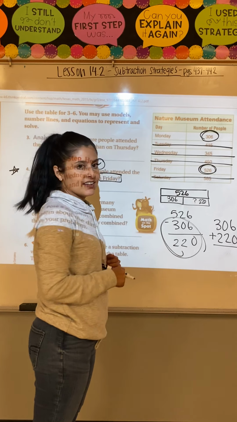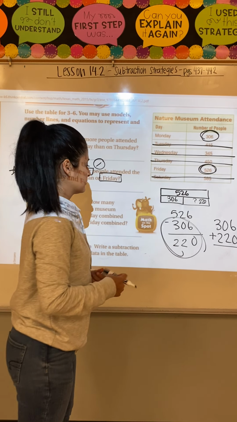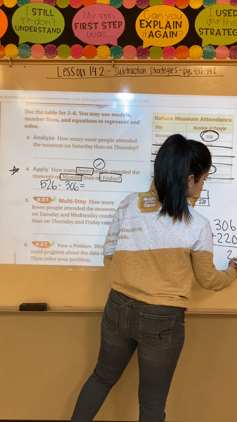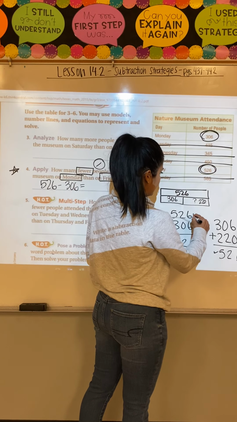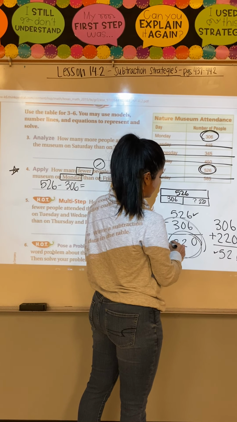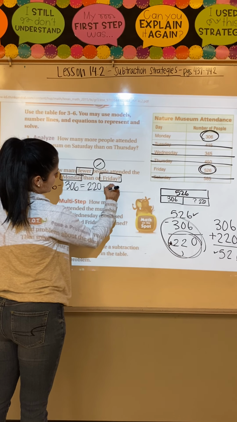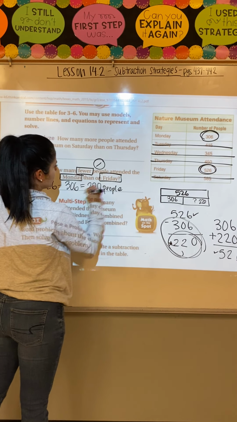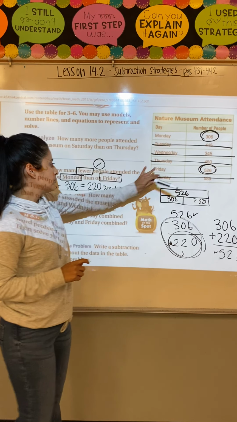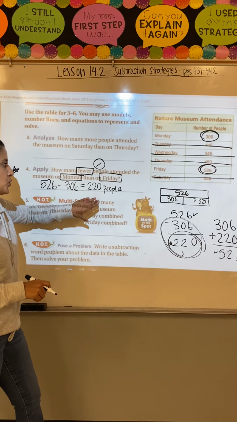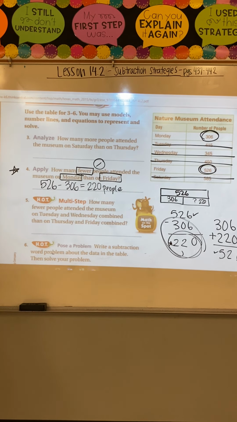All right, go ahead and add that on your own on your paper real quick. Did we subtract correctly? Yes. So that answer that we thought, 220, we've proven to be correct. So how many fewer people attended the museum on Monday than on Friday? Well, 220 fewer people.